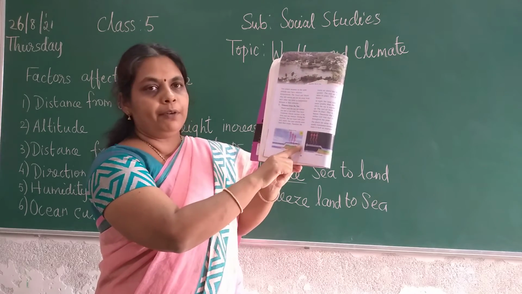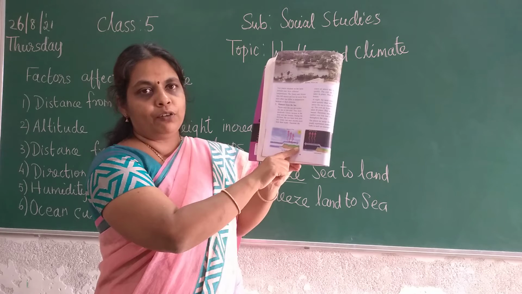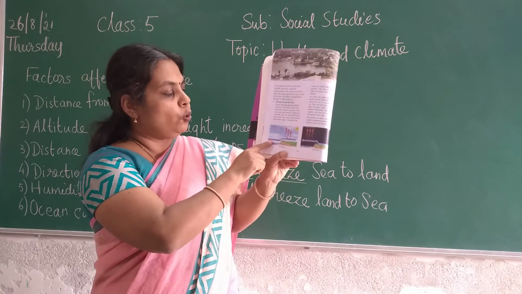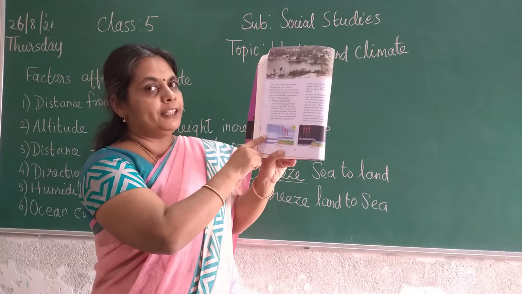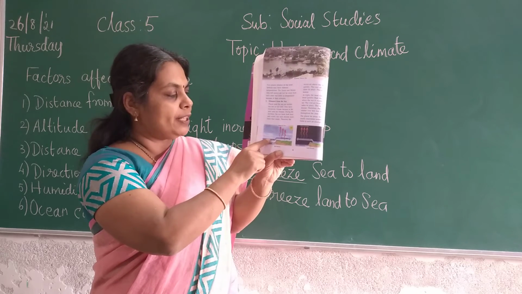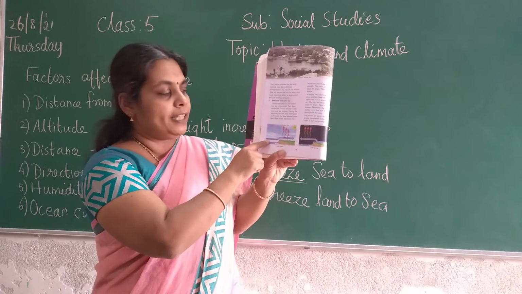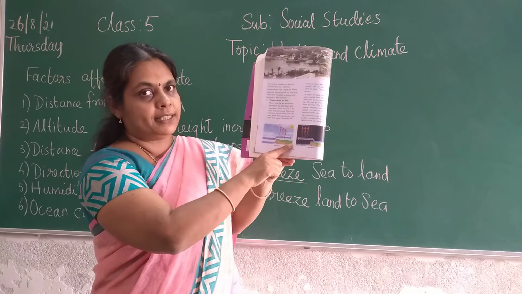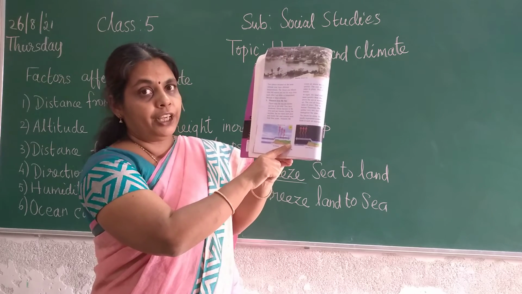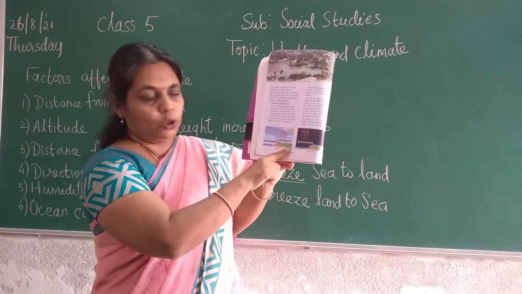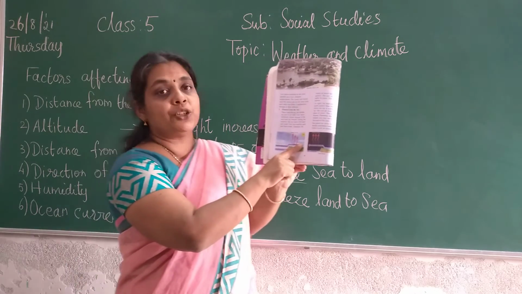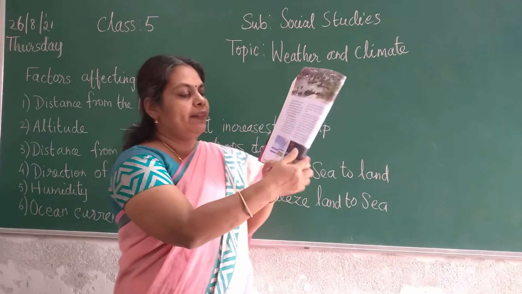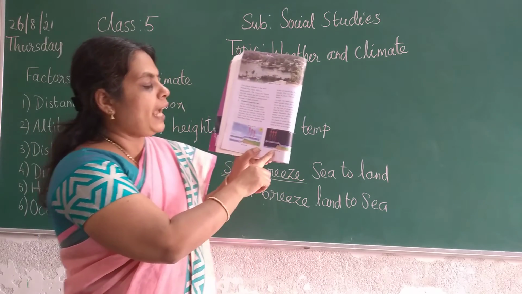So some air has to fill the gap over here, no? Compared to land, the sea will be a little cool. So the wind from the sea starts blowing towards the land, children, and tries to make it cool. This is called sea breeze. It happens during daytime.